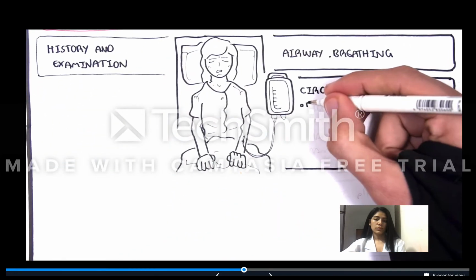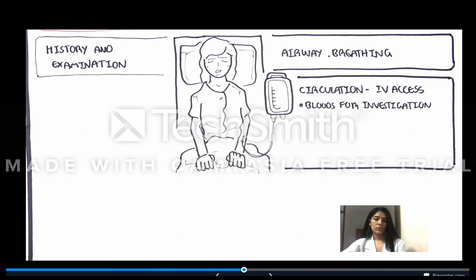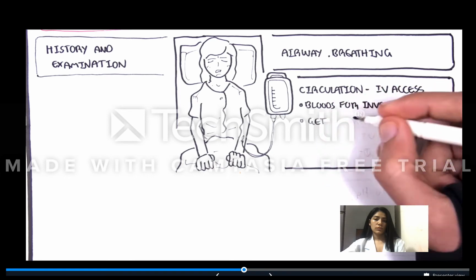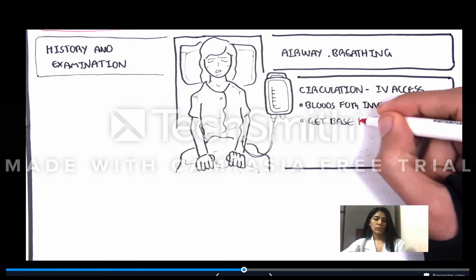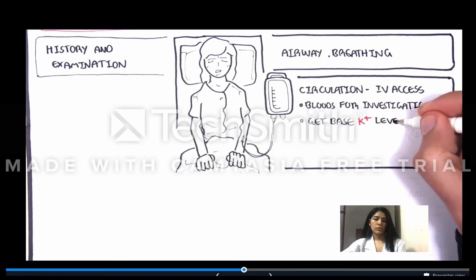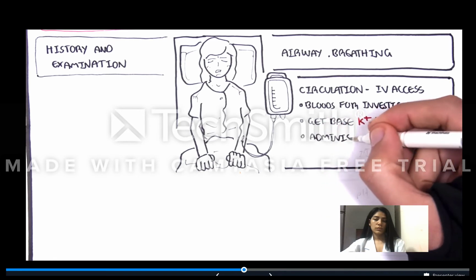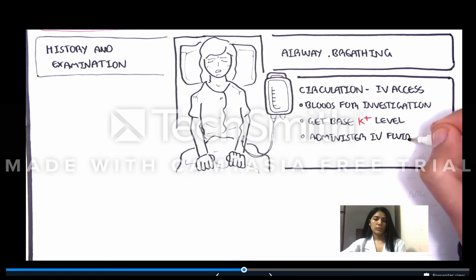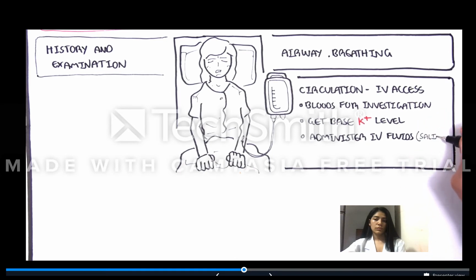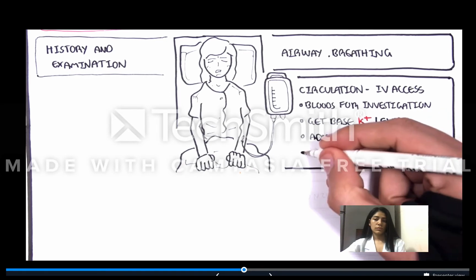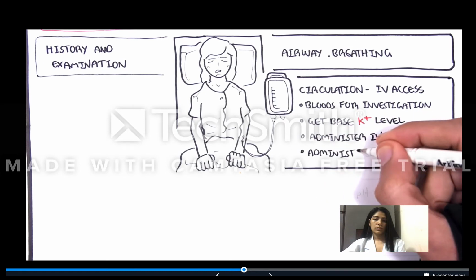First, to get bloods for investigation. It's also important here to get a base serum potassium level. After getting the bloods for investigation, administering IV fluids, saline, and also administration of insulin slowly is very important.